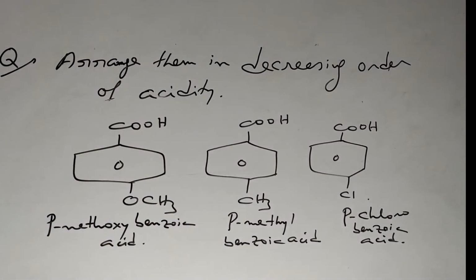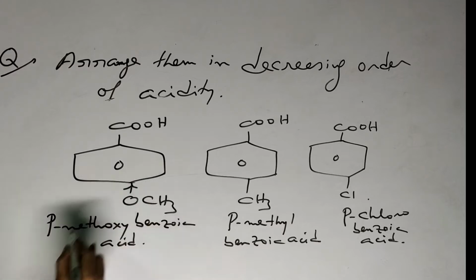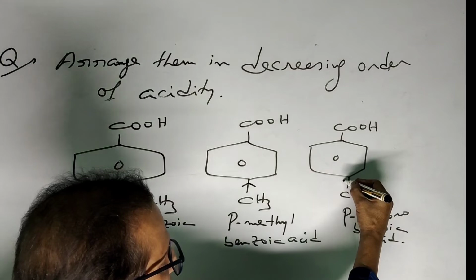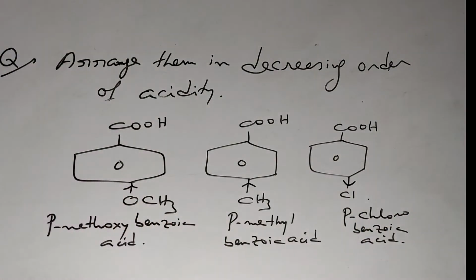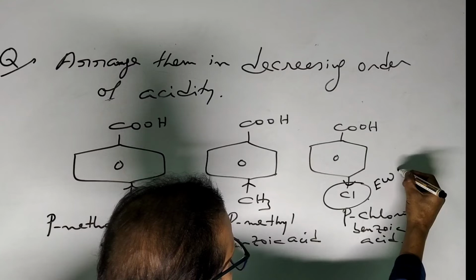Now, the next part is to mention which group has electron donating nature and which group has electron withdrawing nature. It has electron donating nature, it has electron donating nature, halogens have electron withdrawing nature.